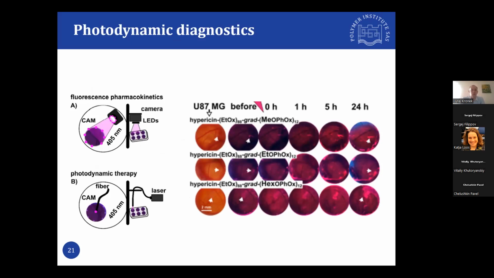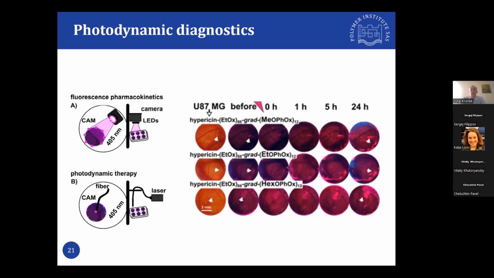We used not a laser source of light, but a fluorescence camera, and you can see that when we injected cancer cells into embryos, this is the white arrow, and then we injected our formulation into the embryos.